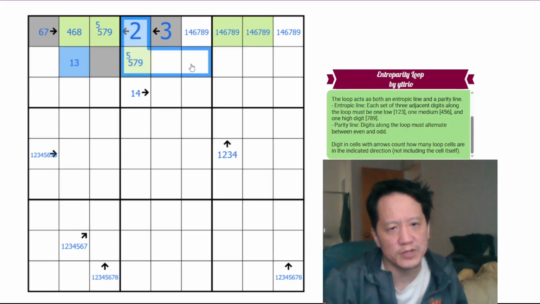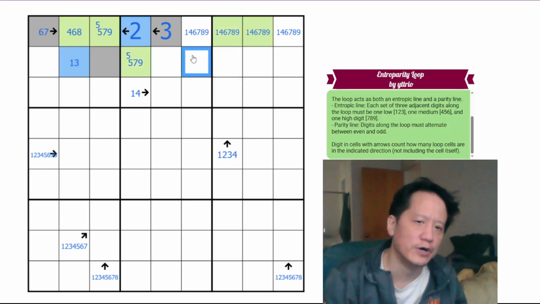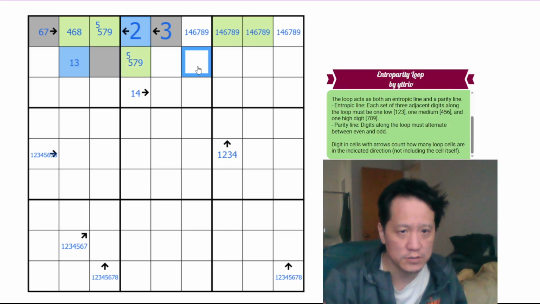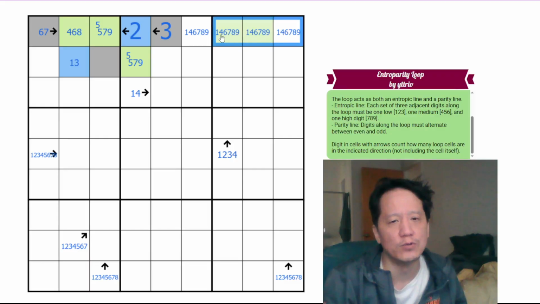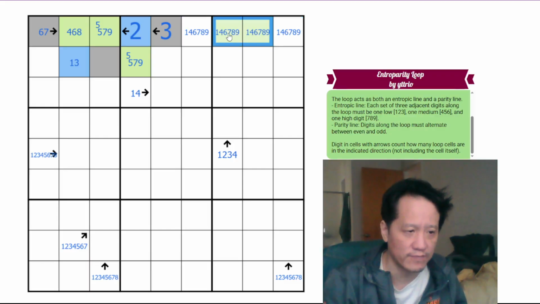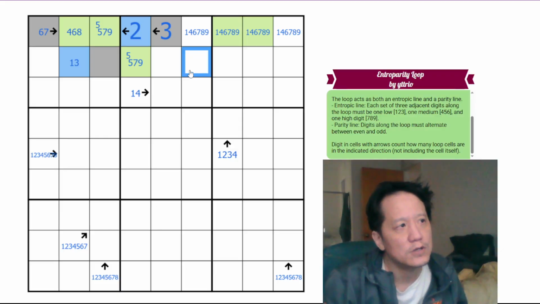But you can't be something short here. Because if we try to do something short, this is going to be a 1 as a low odd digit, because it can't be 2 or 3. And then this would have to be a 1 as a low even digit, which is not valid. So it cannot be that way.